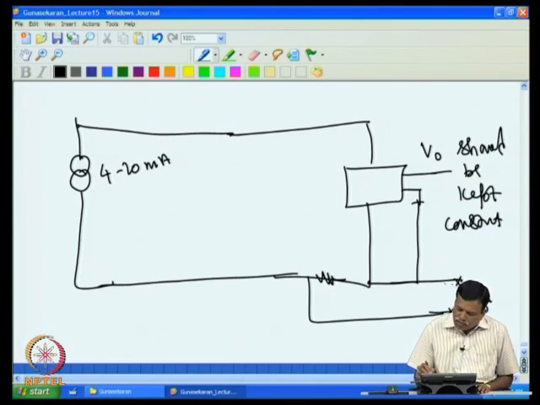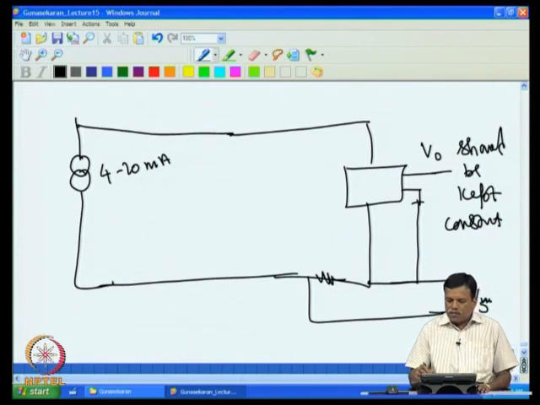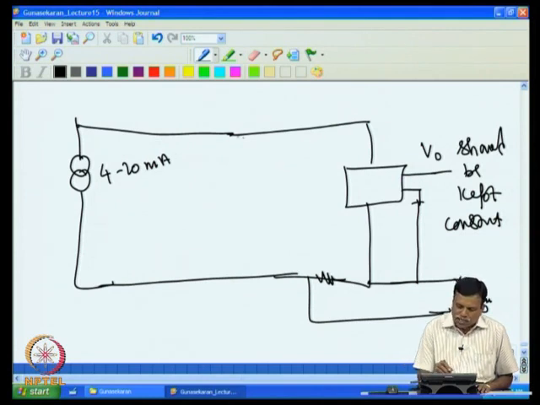If the current is 20 milliampere, you will get some other voltage. This signal is used to activate the control valve according to this current. If the current is 20 milliampere, then the valve will be moved fully. If the current is 4 milliampere, the valve will be shut down.